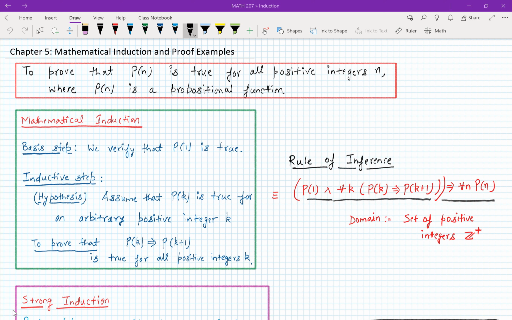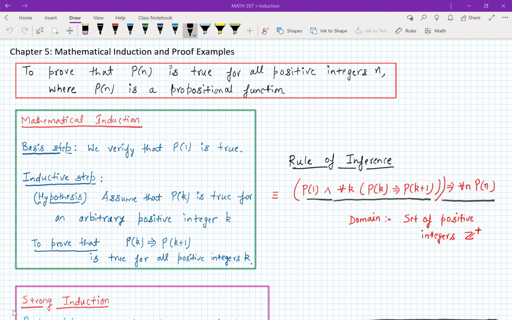Then in the inductive step, we have to prove that if P of k is true, then P of k plus 1 is also true. So under the hypothesis of P of k, which we assume true, we have to prove that P of k plus 1 is also true. And by following these two steps, we can conclude that the given statement is true for every positive integer n.